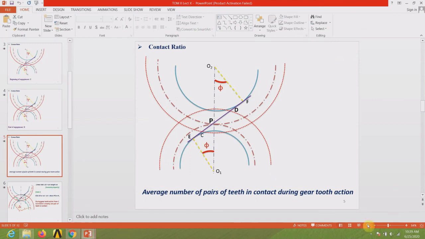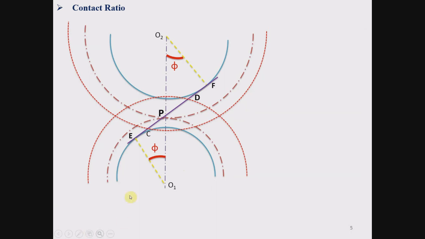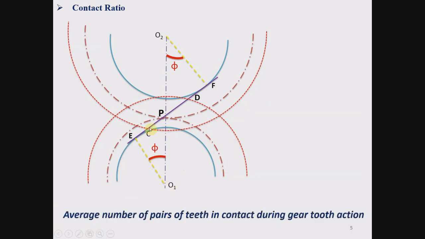Okay okay, we'll start. Okay then. Now when a pair of teeth moves from C to D, consider one pair of teeth, it comes in contact at point C. So while a pair of teeth moves from C to D, how many other pairs of teeth are in contact with each other in this path?